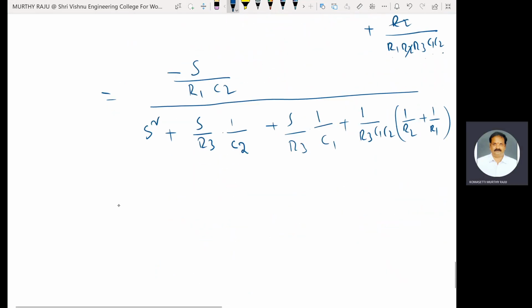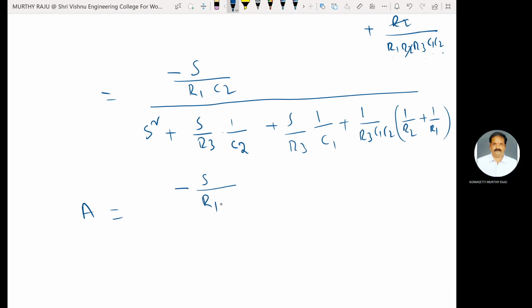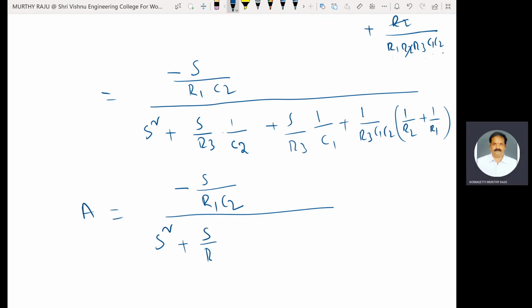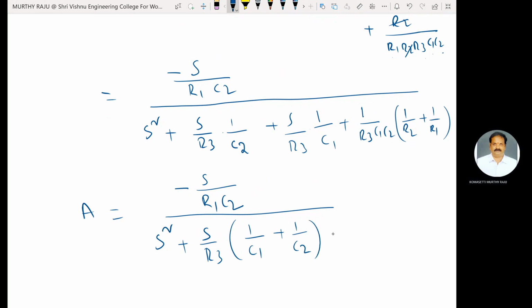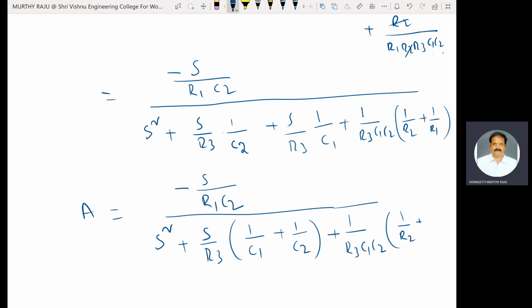Therefore, the final expression is gain A is equal to minus S by R1 C2 by S square plus S by R3, the common term, 1 by C1 plus 1 by C2, plus 1 by R3 C1 C2, into 1 by R2 plus 1 by R1.